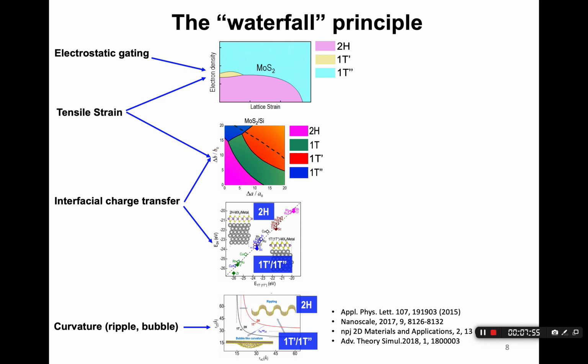And the last thing is about curvature, since we're dealing with ultra thin films, since they are 2D materials. One common thing you can find in these materials is they are never really flat. There's always different kinds of buckling and rippling in those materials.